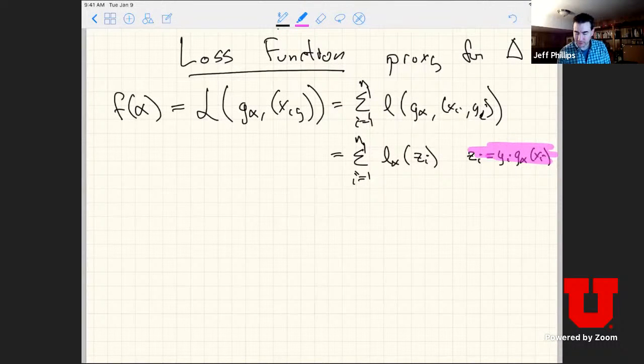When I first saw this clever change of variables, I thought it was pretty clever, and I'll explain why. The zi will end up making it a lot easier to think about what's going on.